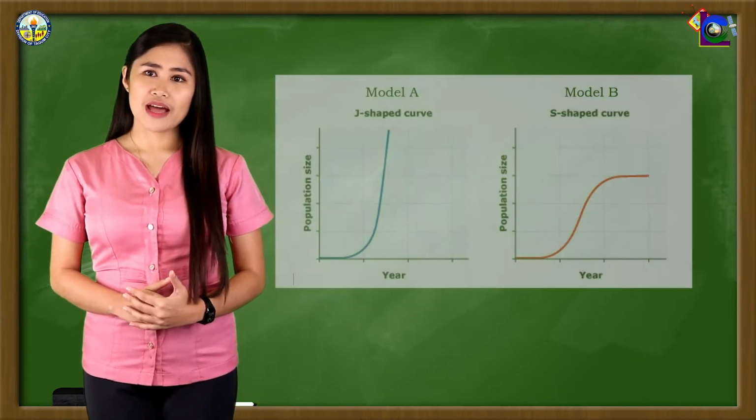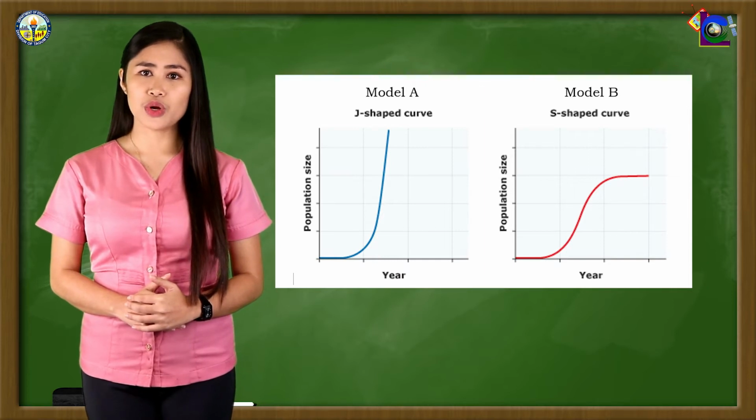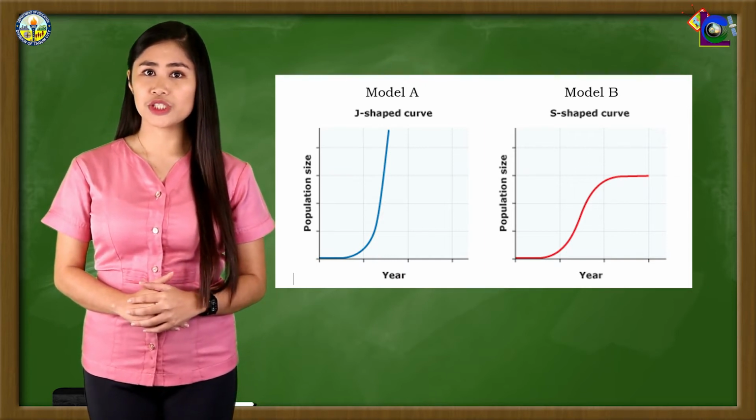Examine these two graphs and tell which model shows exponential population growth based on my description.